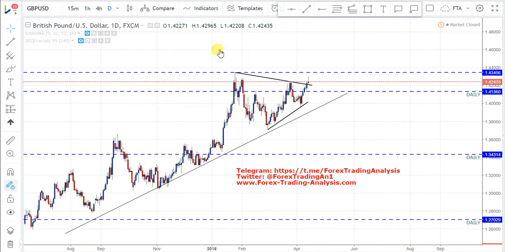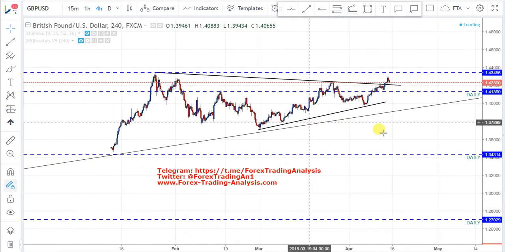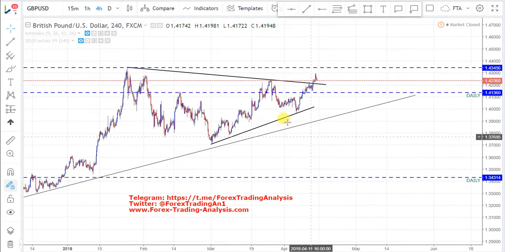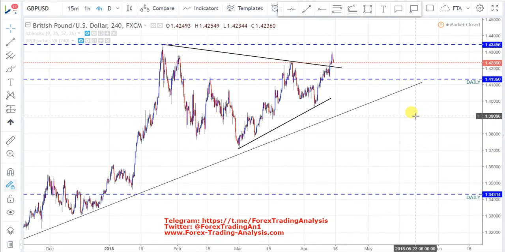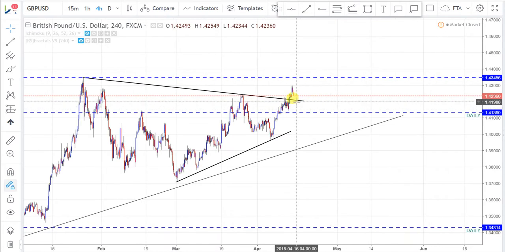On the daily time frame, when we go to the 4 hour, you can see the flag pattern was broken late last week to the upside. So we're going to look at the pullback potentially at this trend line level and going long.